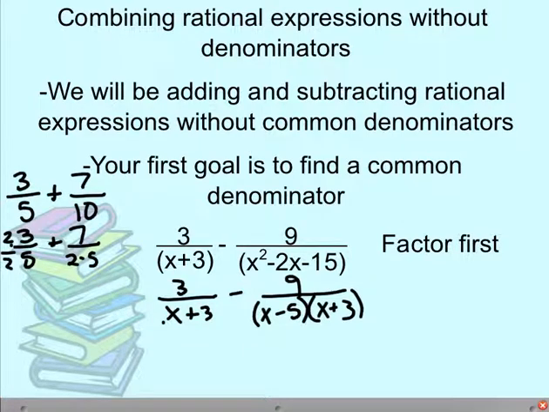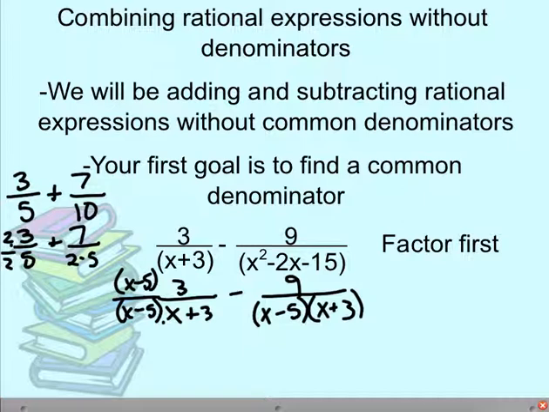I have to multiply it by that 2 over 2 because I can't change the fraction, but I can multiply it by 1 when it's in the form of 2 over 2. And that's what we're going to do with this one. Since it's missing a factor of x minus 5, I'm going to multiply by x minus 5 over x minus 5, meaning that I'm not actually changing the fraction, because x minus 5 over x minus 5 is really just 1.